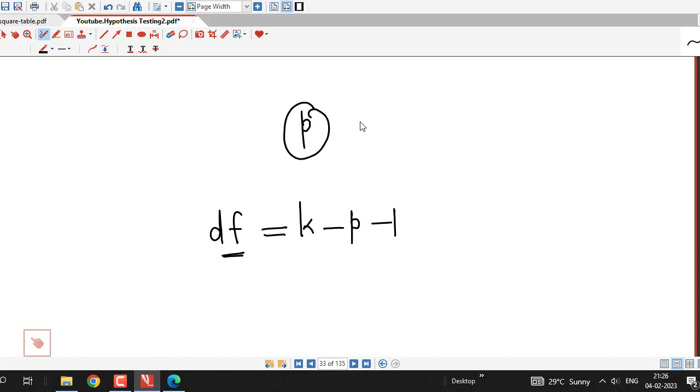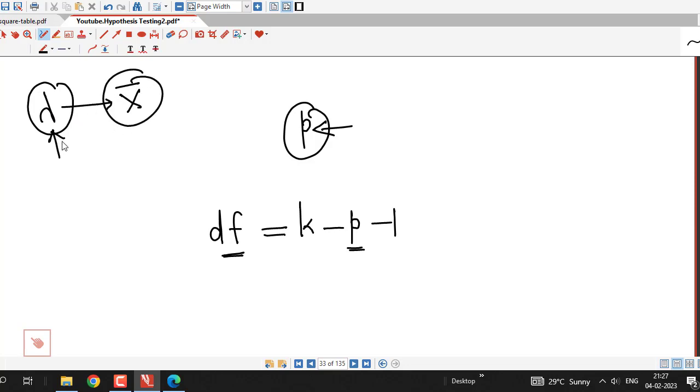Small p is the number of parameters of the hypothesized probability distribution which are estimated from the sample data. The number of parameters which are estimated using the sample data is nothing but small p. Now in this problem we have estimated the population parameter lambda of the Poisson distribution using the sample mean.